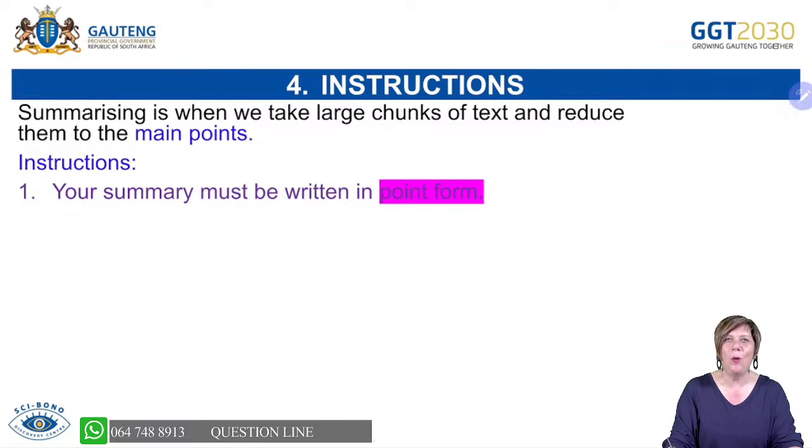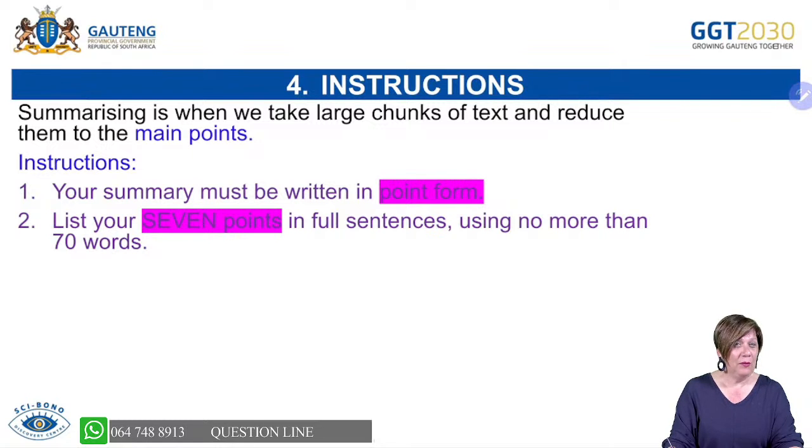In other words, 1 point, 2 point, 3 point, no hearts and dashes and dots. Point form, please. Now remember, we need 7 points and you only have 70 words to complete it in. And yes, we do count. So don't lie. We know exactly how many words there are.